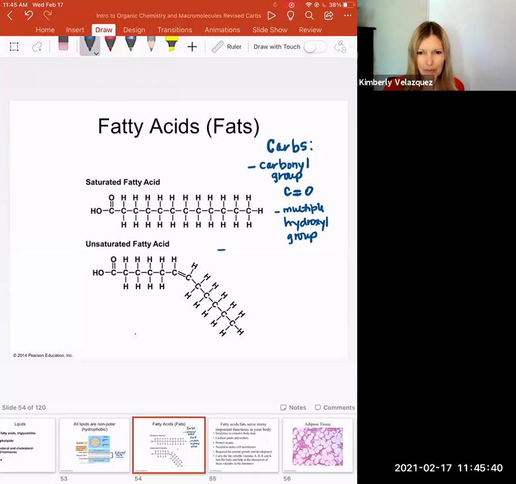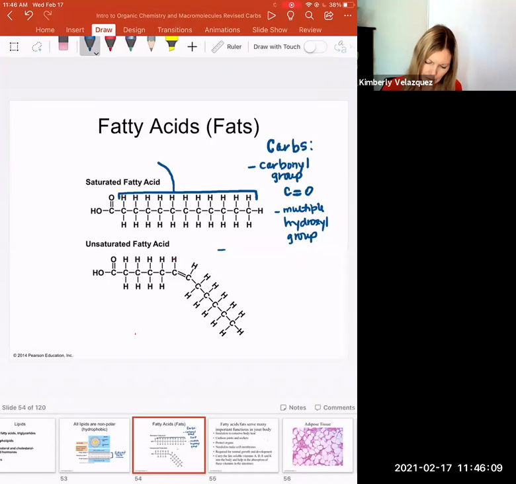Lipids don't have a carbonyl group or multiple hydroxyl groups. So the chain part of the lipid is just carbon and hydrogen. And when you have a chain of just carbon and hydrogen, I'm just talking about this part, just the carbon and hydrogen part right here.